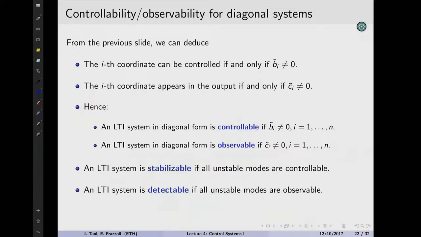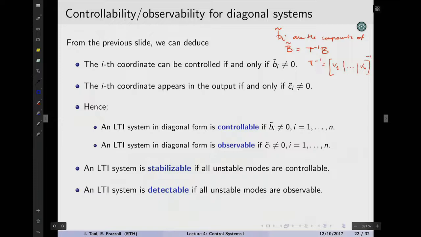Remember that the b_i tildes are the components of b tilde, which, if I'm not mistaken, is T inverse b, where b is the original b of the system, and T inverse is the inverse of T, which is the matrix composed by putting all the eigenvectors of A in columns.